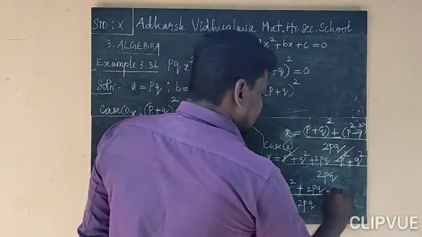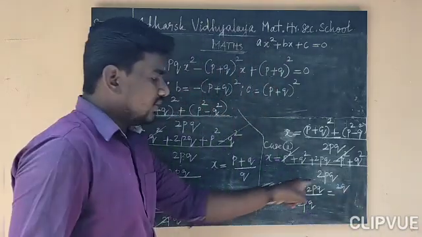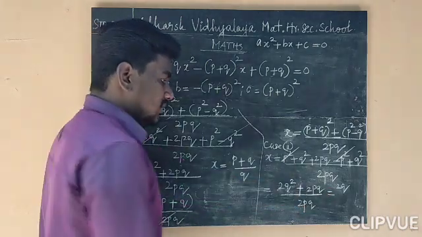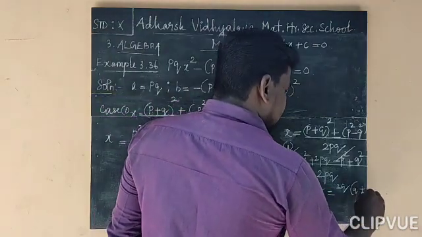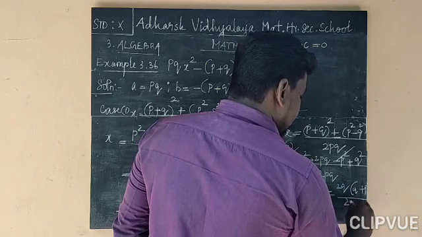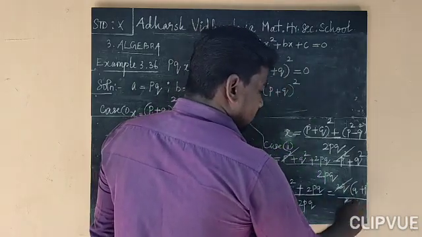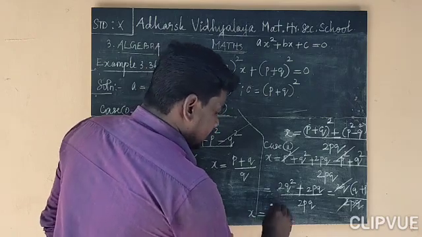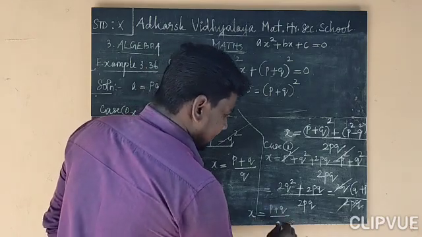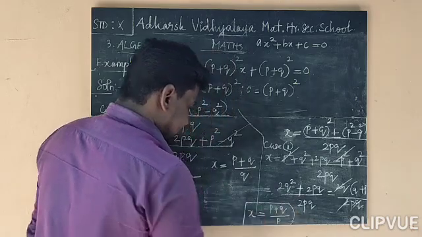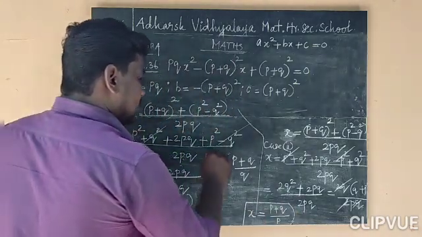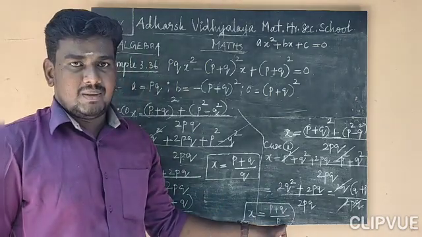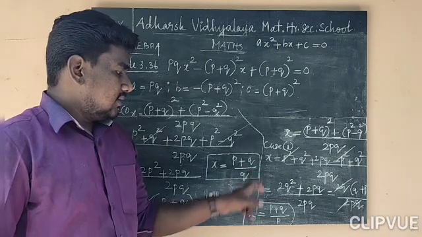Here you can take 2q out. 2q is the common factor in both terms. So what do we have? (q plus p) divided by 2pq. So this 2q will be cancelled. Finally you get x is equal to (p plus q) divided by p. So here x is equal to (p plus q) divided by q and x is equal to (p plus q) divided by p. The required solution set is this one.